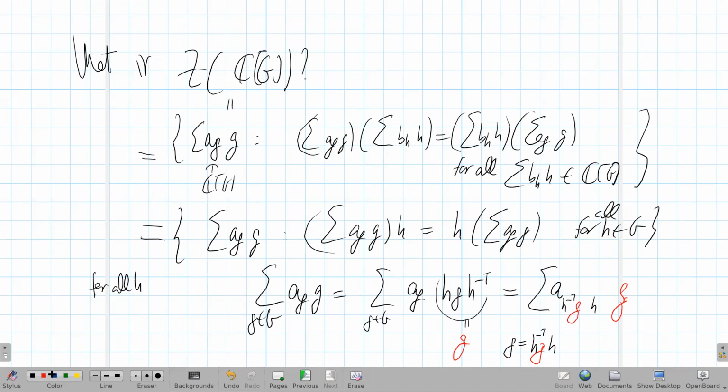And now you can compare elements to elements because you have the same summation variable. And so an element is in the center if and only if for all G and for all H, AG equals this.